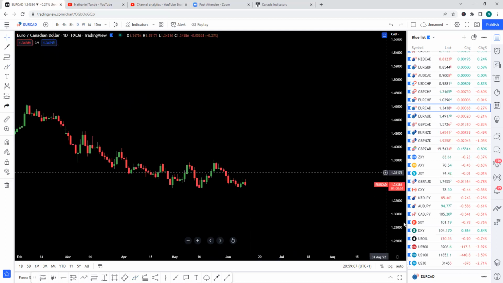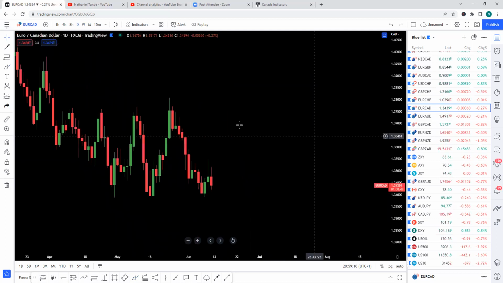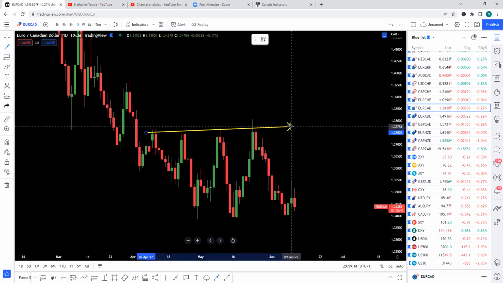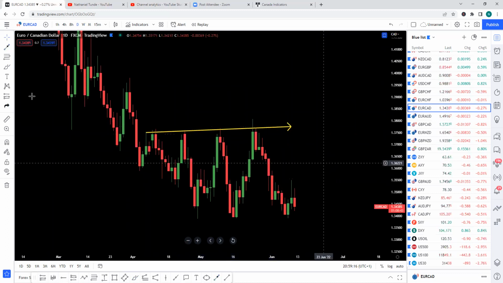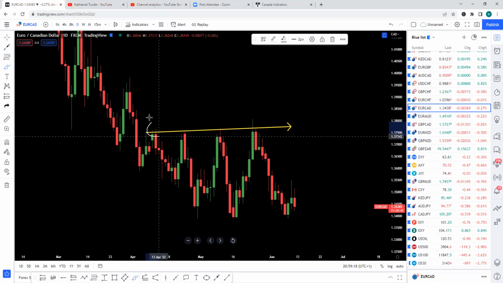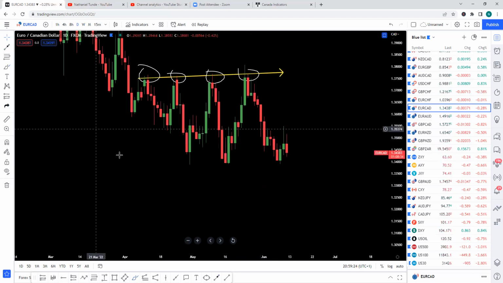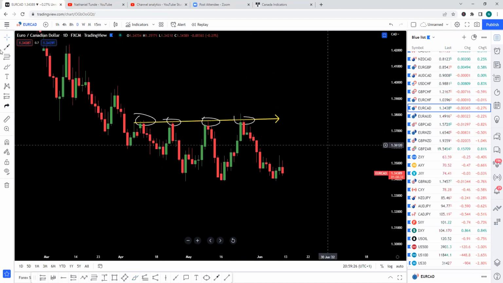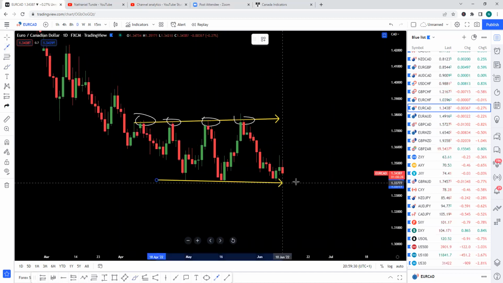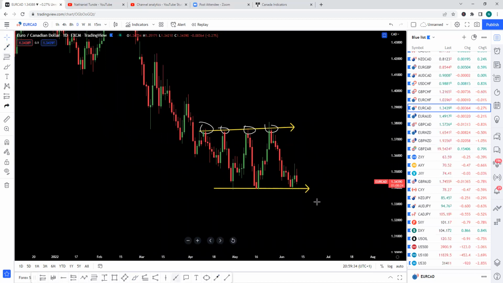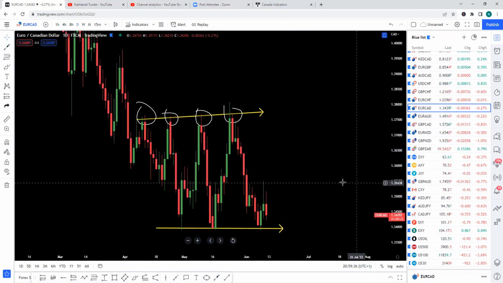Daily. So based on what I've just told you, and based on what I've just seen here, you see these guys. You see this equator? This pair will not go down. I'll write it down. It will not go down until that equator is taken. You see this range? That is why I was looking for buy opportunity.